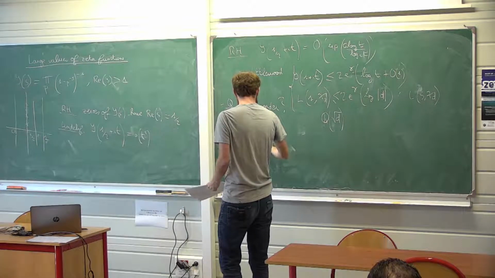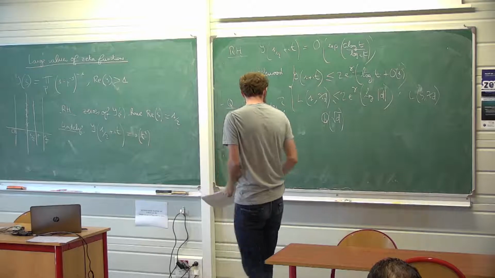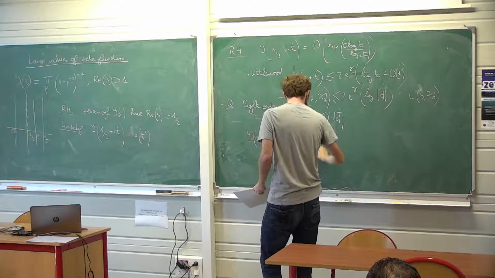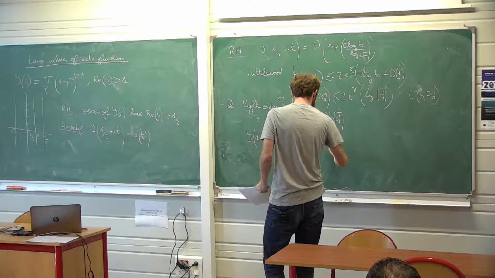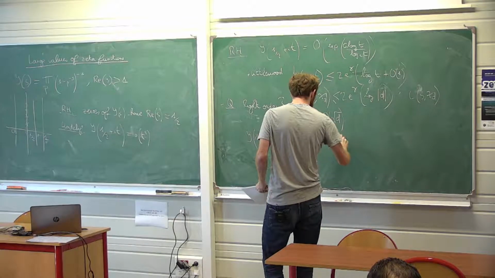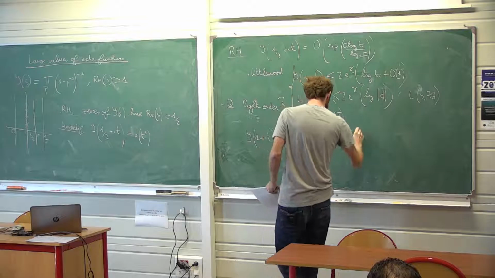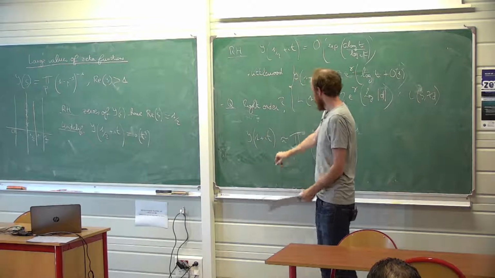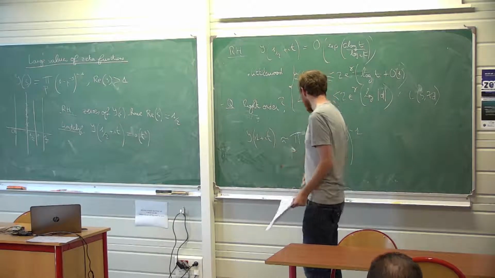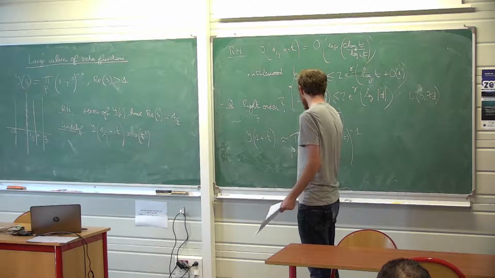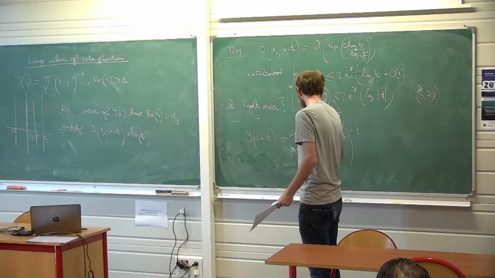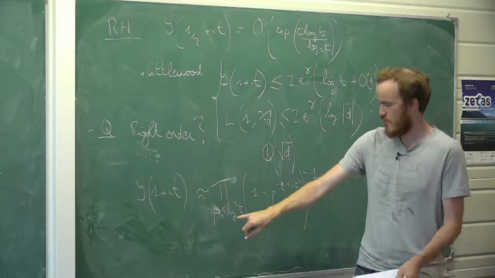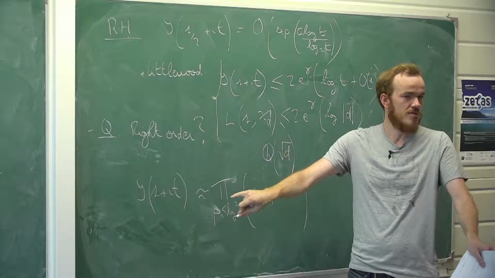Precisely it means that, on the 1 plus it line, the zeta function can be approximated by a product which is quite short. We need only take the first log squared t primes.